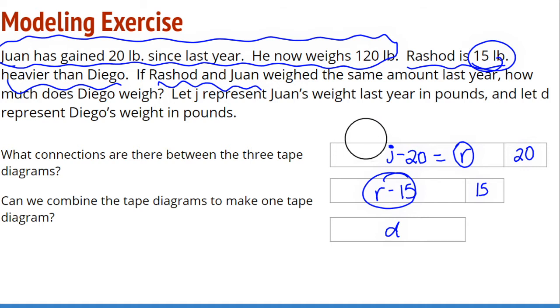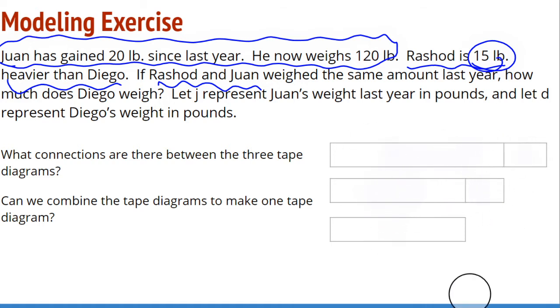But I don't see the great connections that I get when I start at the bottom and say, okay, this is Diego. And that means this piece is Diego, and I know that this is 15 because it's a constant. And then this is Diego plus 15, and I know that this is 20. So could we combine all of these to make one tape diagram?